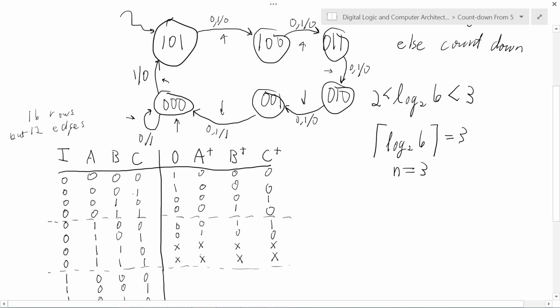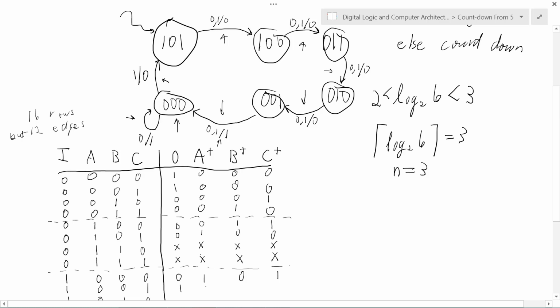What about input 1? Well, on input 1 in state 0, 0, 0, we go to state 5, and our output is 0. On state 1 and input 1, our output is 1.